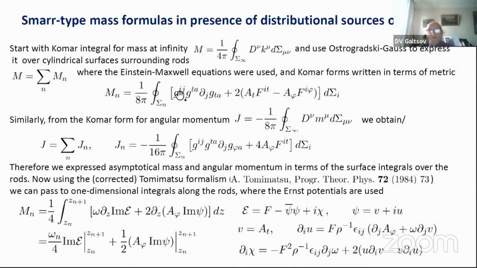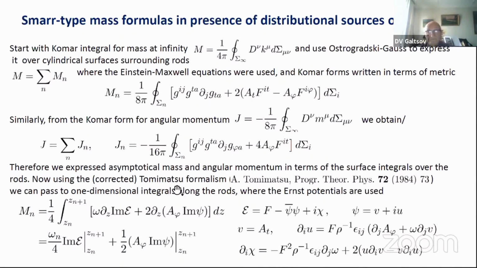In the presence of such things, you can rederive the Smarr formula, starting again with the Killing vector at infinity first for time-like k. We consider here the Einstein-Maxwell system, transforming it by Ostrogradsky-Gauss to a sum of surface integrals over surfaces surrounding the defects, and the bulk contribution.